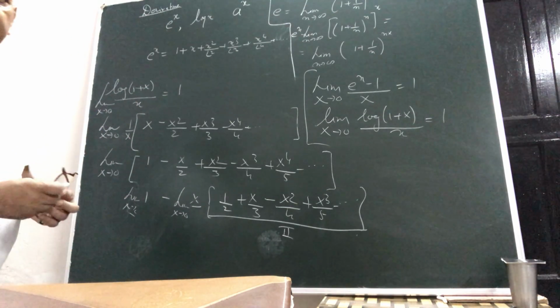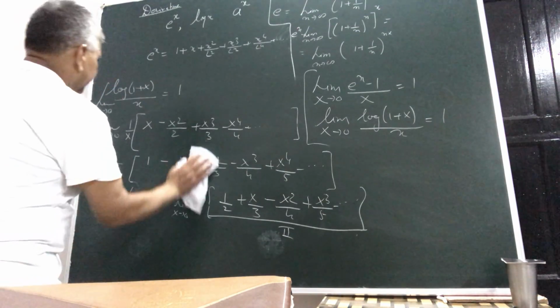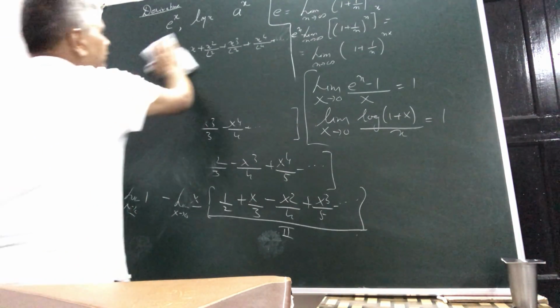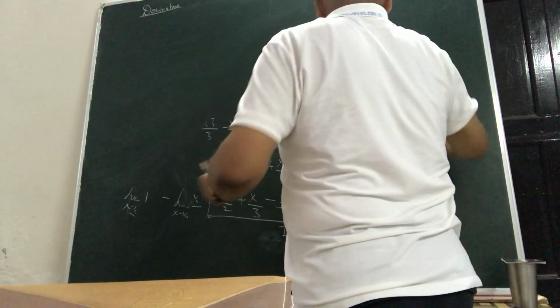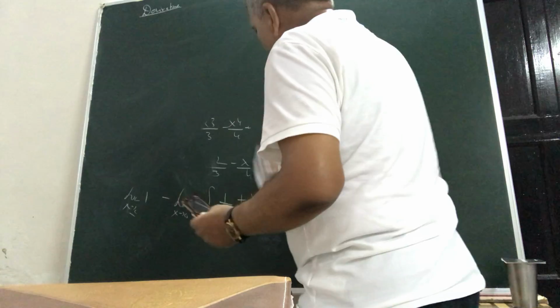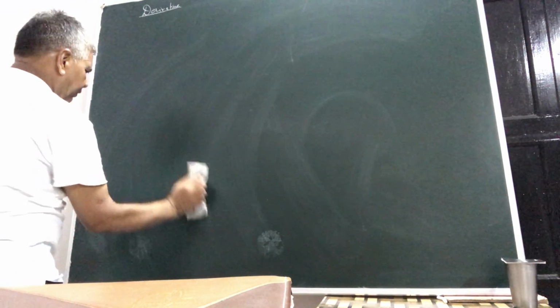So this is the real difficulty which later on you will study in your higher classes. So right now we will accept all these things and see how we can find the derivative of all these things, making use of this.